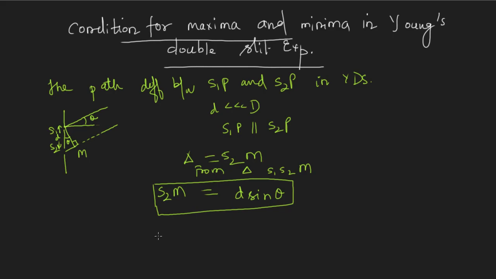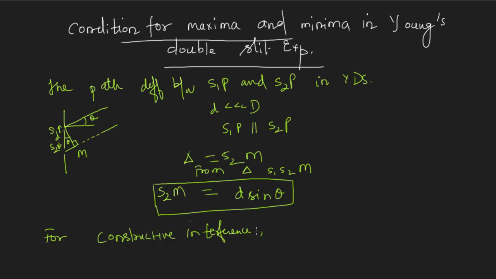Now I know that for constructive interference, the path difference should be integral multiples of lambda.